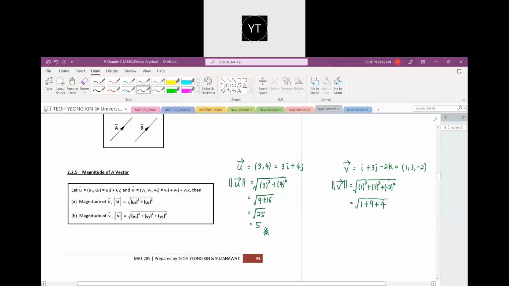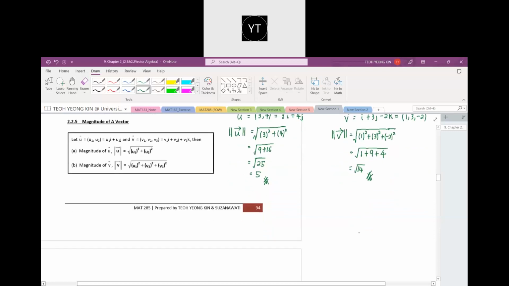Negative 2 squared is positive 4. If you want to use a calculator, make sure you put a bracket, because of the even power, we get positive. So here is the square root of 14. The square root of 14 cannot be simplified, so I leave the answer as the square root of 14.